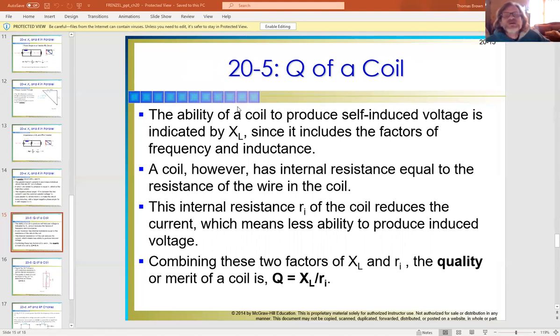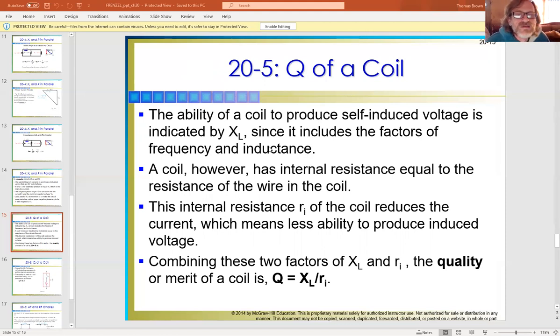So the ability of the coil to produce self-induced voltage, it's an interesting little factor here, is indicated by the X of L, the overall reactance of the inductor. In the formula, it includes the factors of the frequency and the inductance, 2 pi FL.